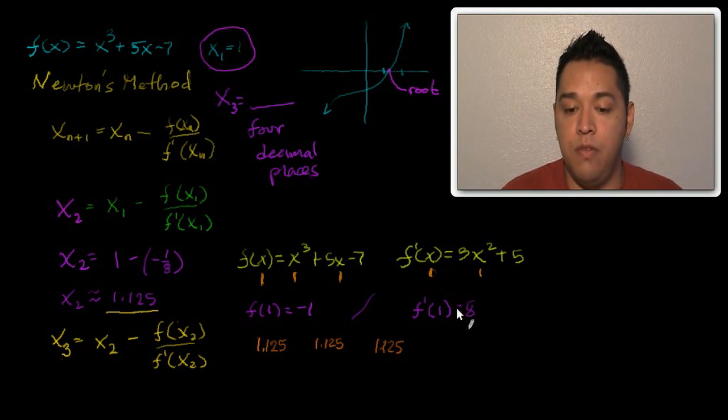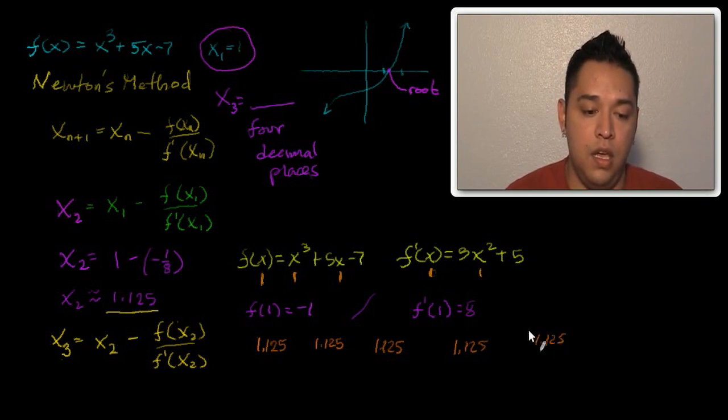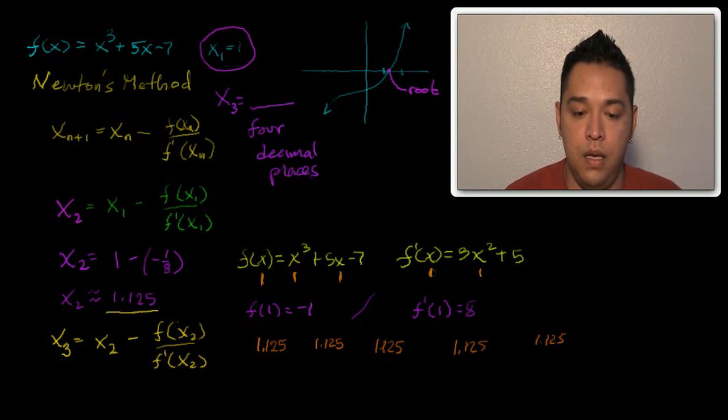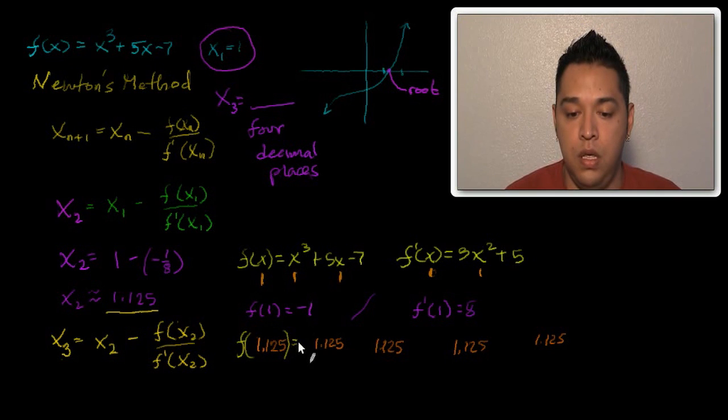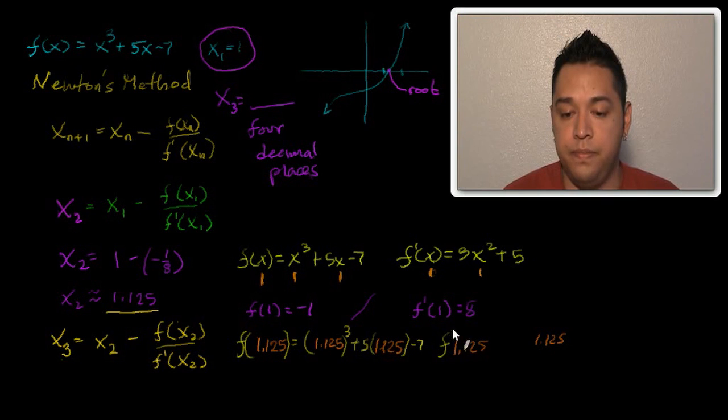So f of 1.125 is equal to that cubed plus 5 times the number minus 7. Then this is going to be the derivative, which equals 3 times this number squared plus 5.